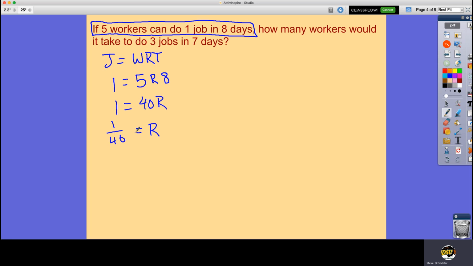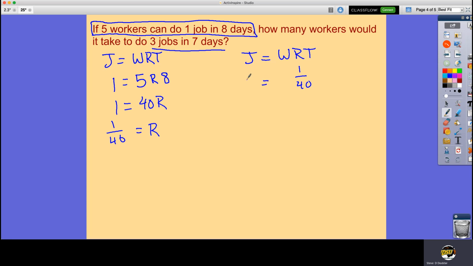All right. So we're going to use this rate with our new situation down here. Okay, so same equation. We're still going to have this J-word equation here. We're going to plug in the 1 over 40 for their rate because we're going to assume, even though we might have to add workers, subtract workers, that their rate is going to stay the same.